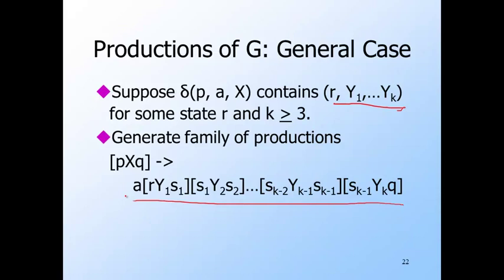[PXQ] can be replaced by an A, which again may be epsilon, followed by variables [RY1S1], [S1Y2S2], and so on, with the last of the variables being [Sk-1YkQ], and finally the state Q from the head that we want to wind up in.